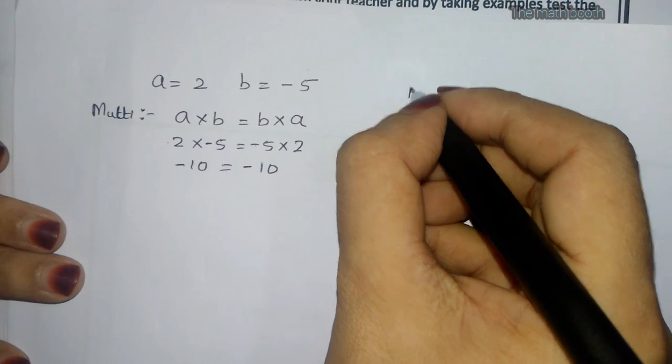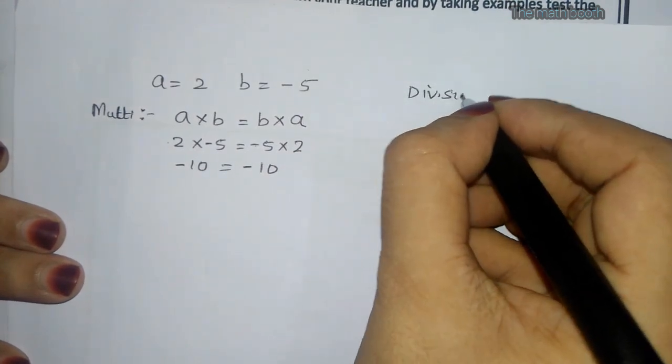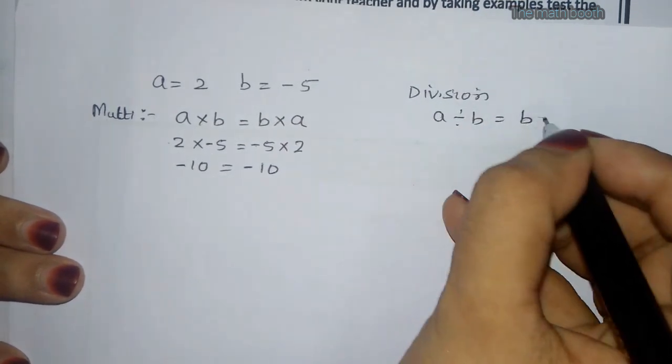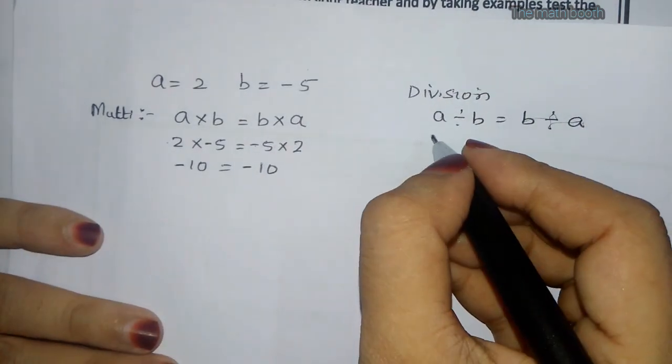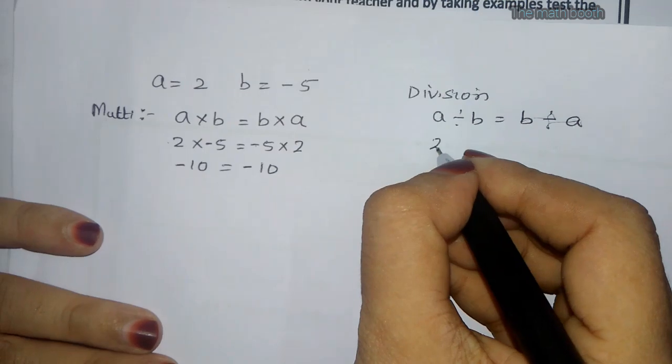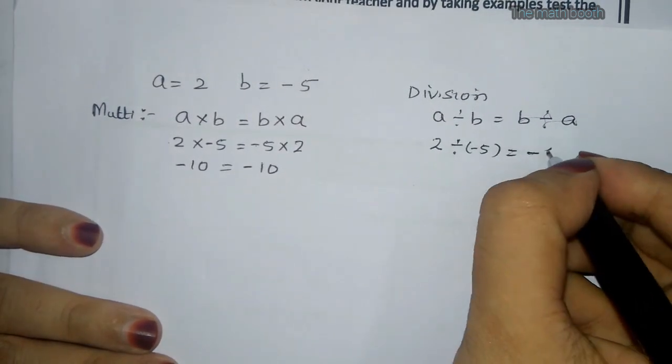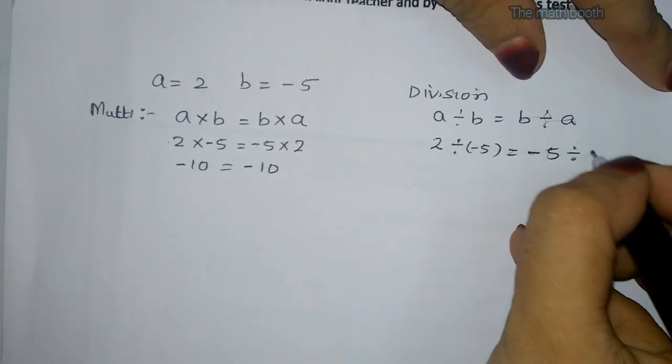In this way, let us see for division. We know that A divide B is equal to B divide A. We have to check. A divide B is 2 divided by minus 5, which is equal to minus 5 divided by 2.